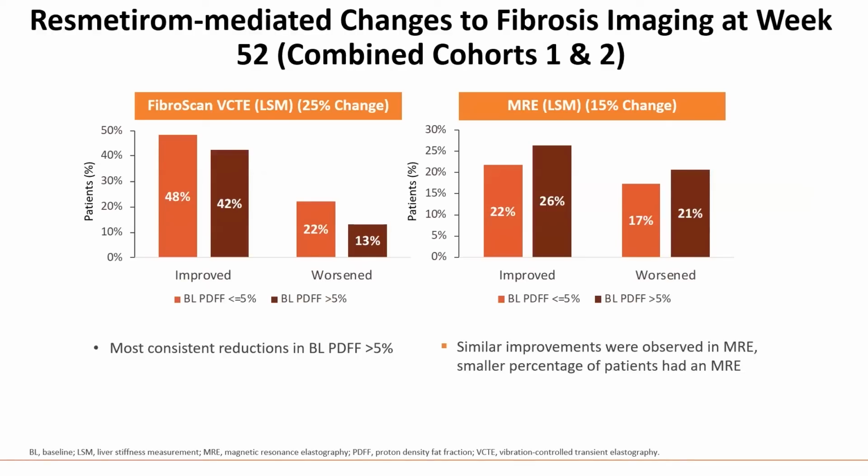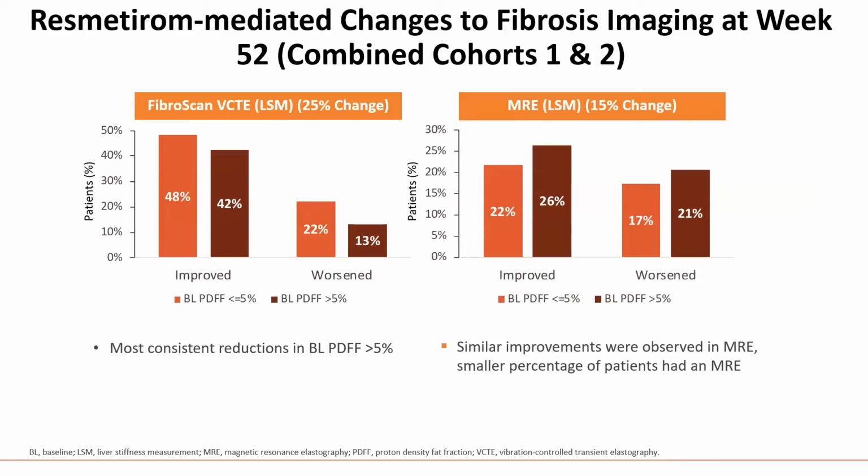So we divided the patients into PDFF less than 5%, which typically indicates what we used to call cryptogenic cirrhosis. It means that you have so much fibrotic tissue that there is not much fat left in the liver, but you still have NASH cirrhosis. These patients tend to have a more aggressive course, and then patients with PDFF more than 5%.